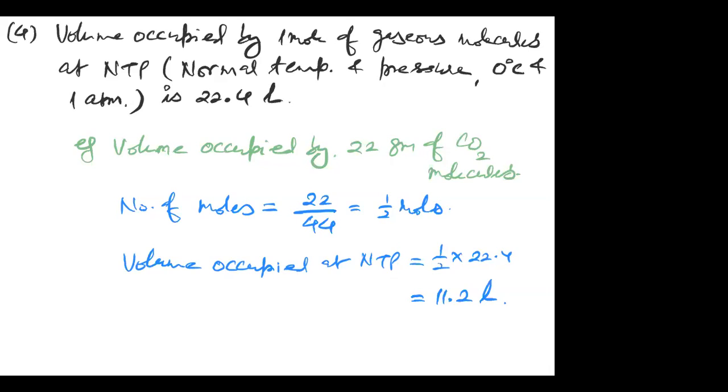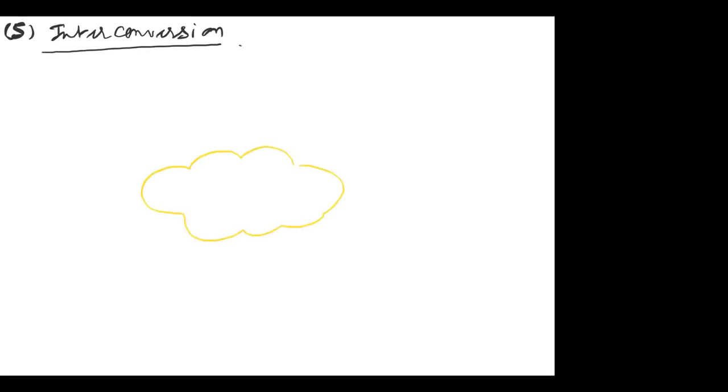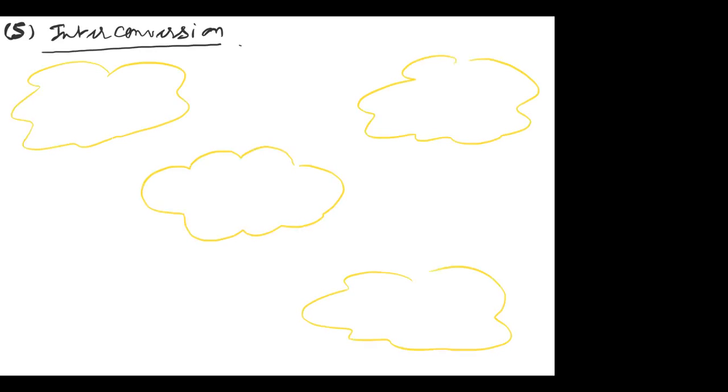Now to summarize all these 4 points, we need another point, let's say 5 here. So 5 is related to interconversion in moles calculation. The meaning of interconversion: just try to imagine some cloud type of thing, another one, and another one.